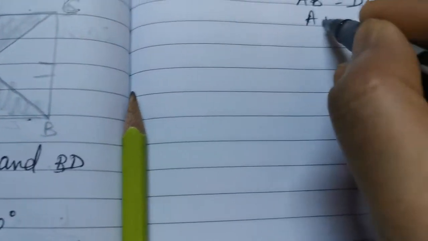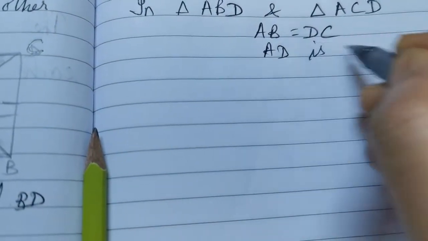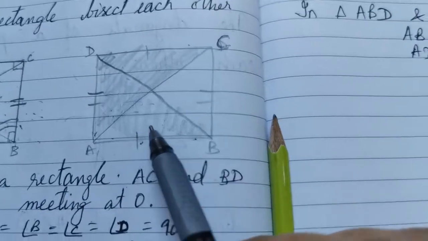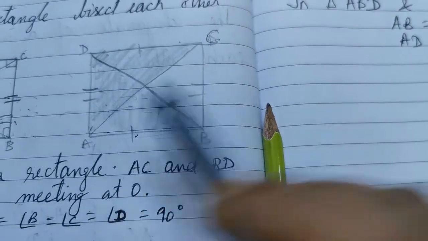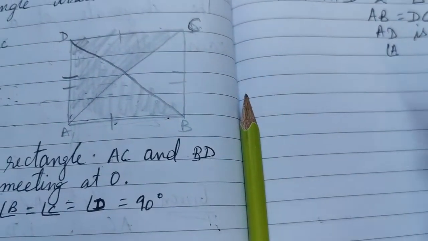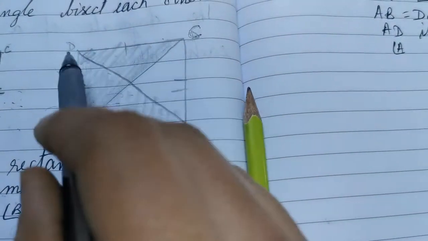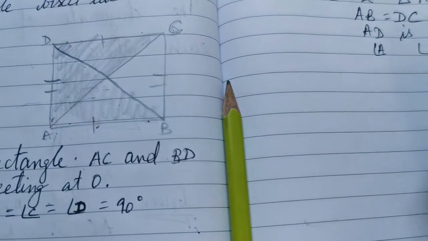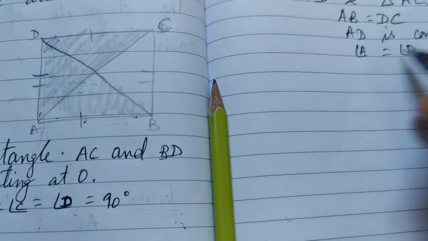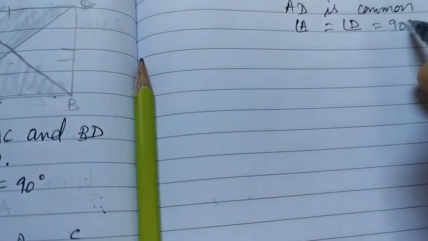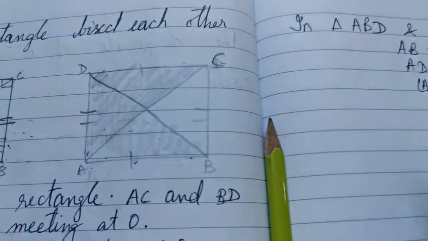So AD is common. In triangle ABD we have angle A, and in triangle ACD we have angle D, which are equal to 90 degrees because they are angles of a rectangle.